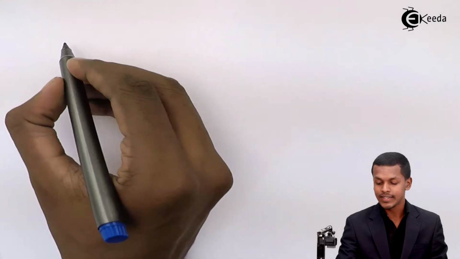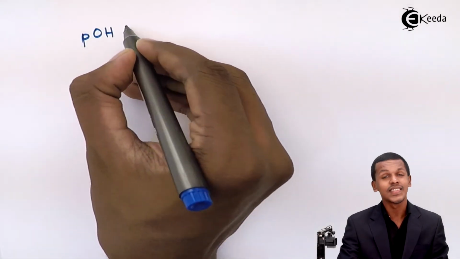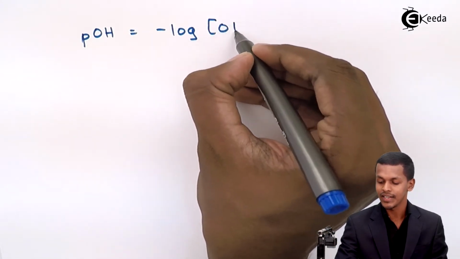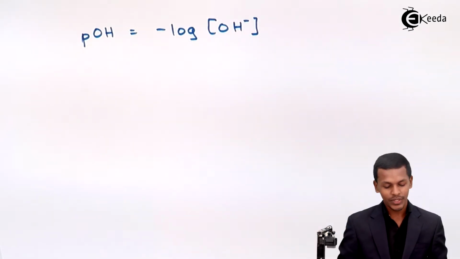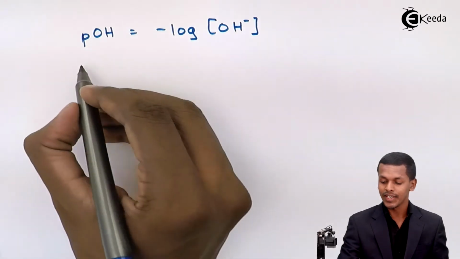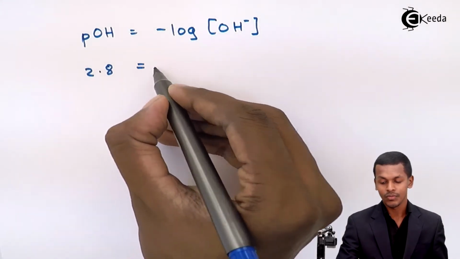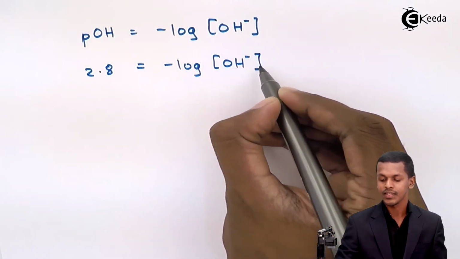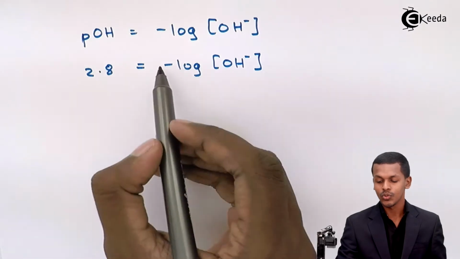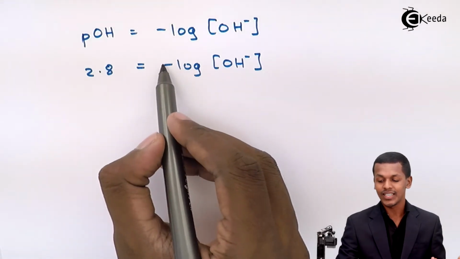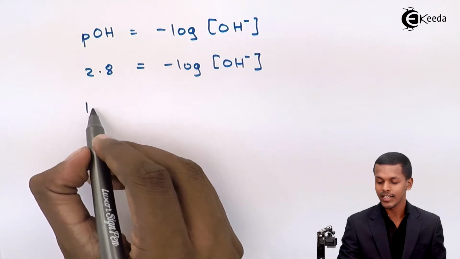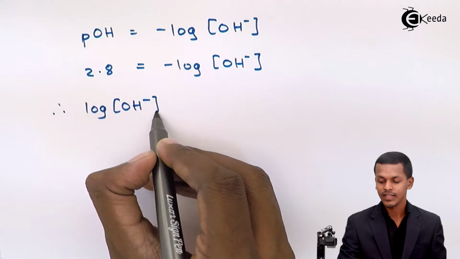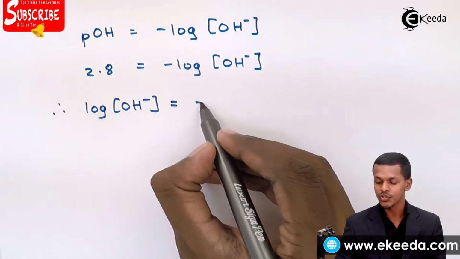We know that pOH is the negative log to the base 10 of the concentration of OH minus ions. We know the value of pOH, which is 2.8. So minus log of OH minus equals 2.8. We can shift this minus to the other side, so log of the concentration of OH minus equals minus 2.8.